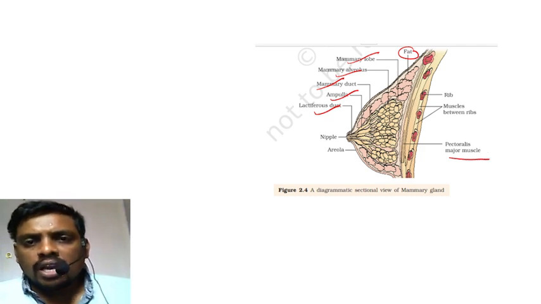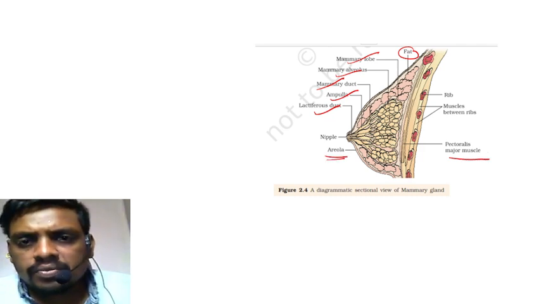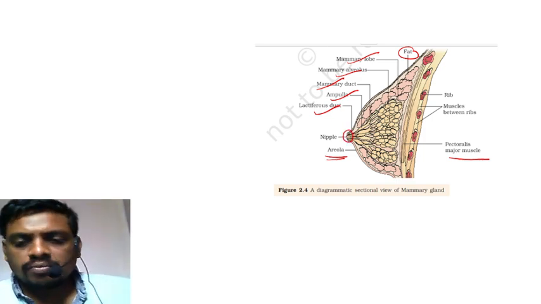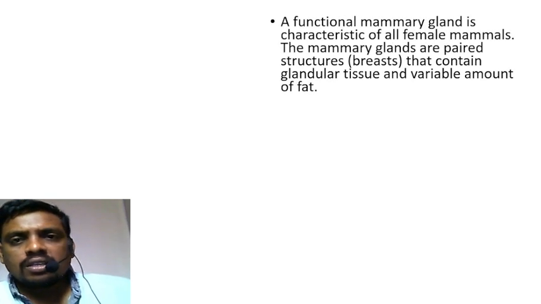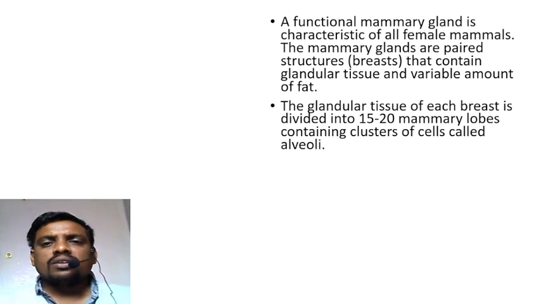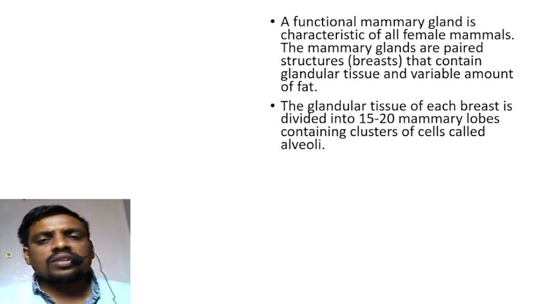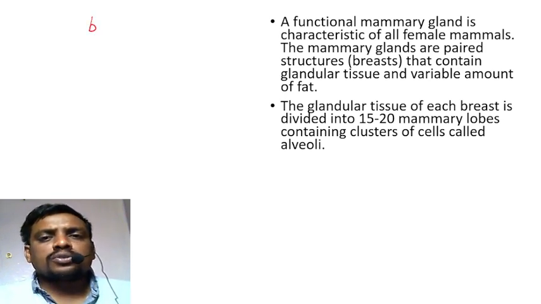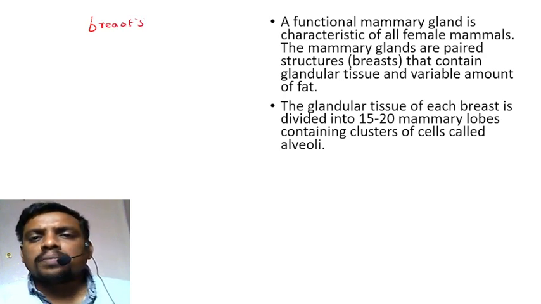You can see the areola, and the tip of the mammary gland is called the nipple. A functional mammary gland is the characteristic feature of female mammals. After childbirth, the mammary gland is fully functional and produces milk.